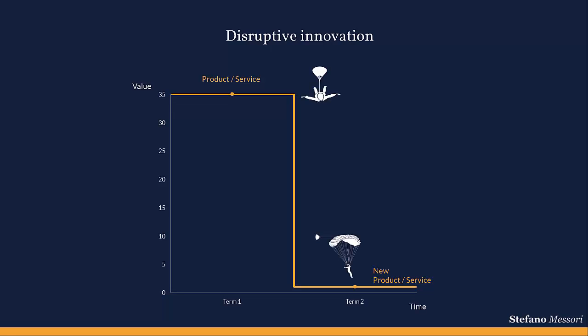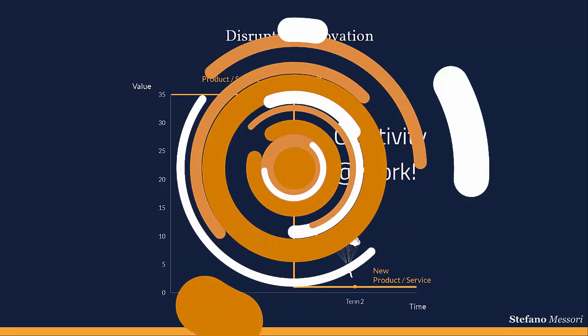Managers are parachuting themselves into new possibilities for value creation. In other words, managers are not incrementally thinking about their product or service, but they are creative. They are trying to define the new possibility to satisfy the needs of their customers.